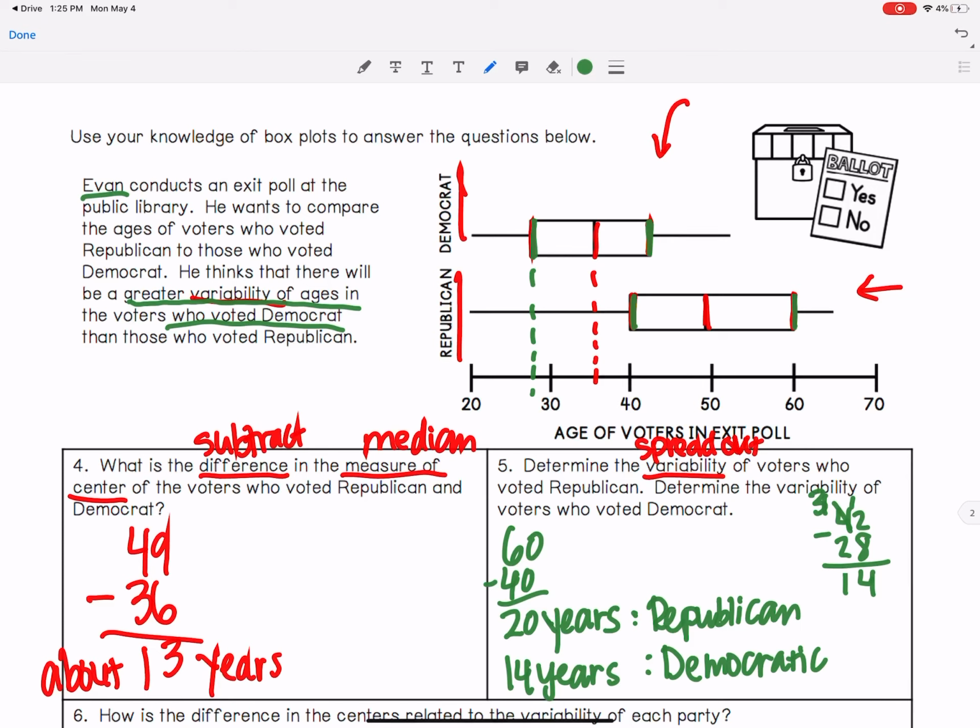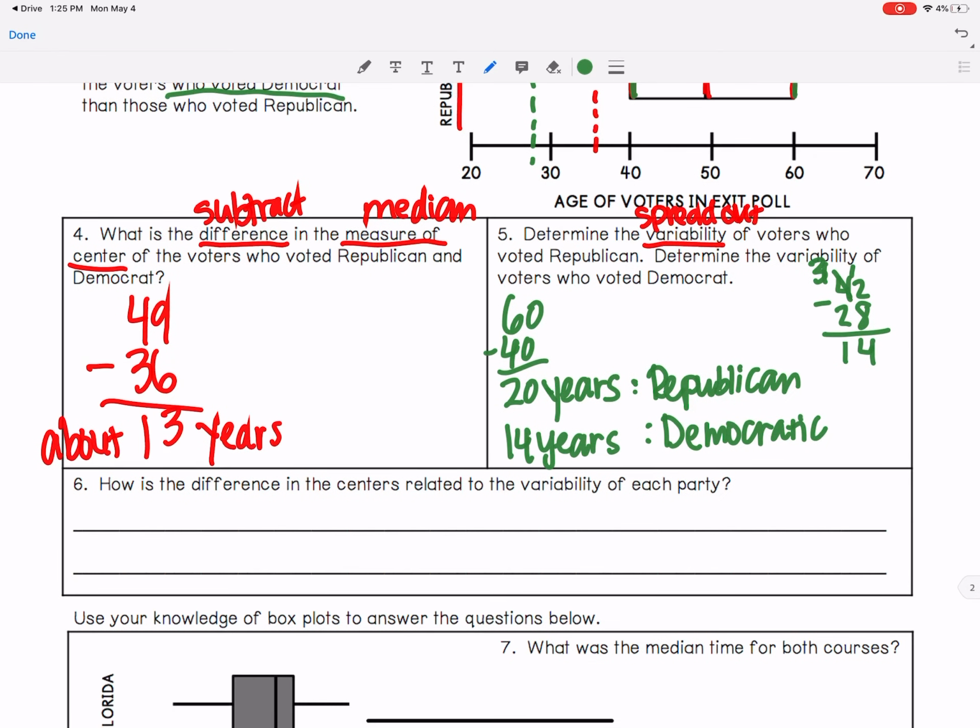So he's thinking that the Democrat side right here is going to be more spread out and have more years in between them. But when we went down here below, for the Democrat side, we got 14 years as their variability.